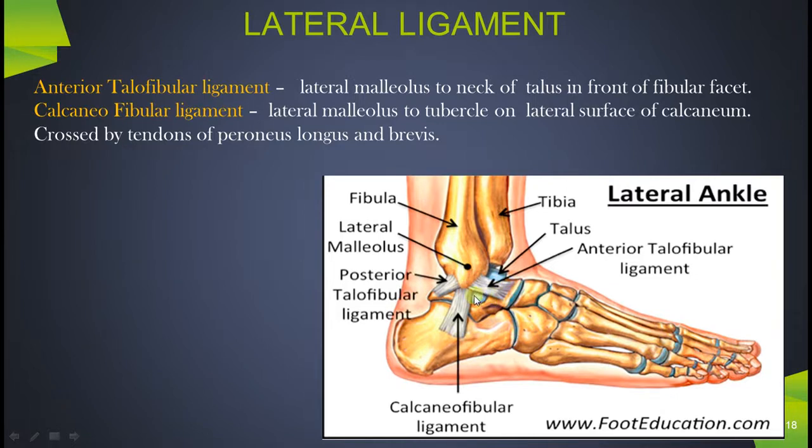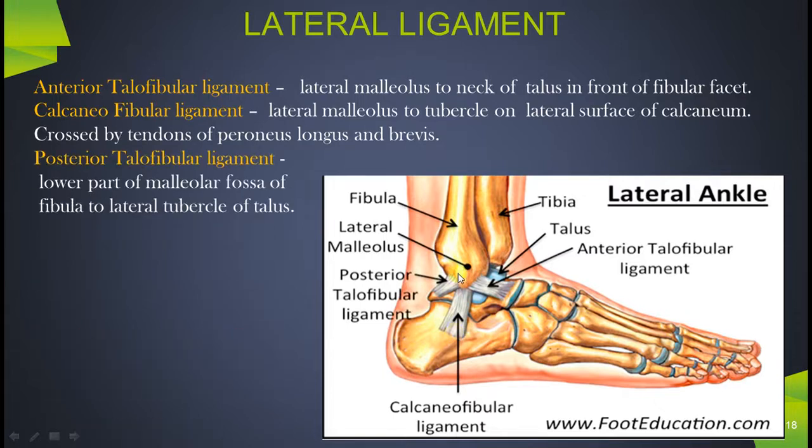Then the middle fibers, calcaneofibular, go from the lateral malleolus to the tubercle on the lateral surface of the calcaneum. Then the posterior fibers are the posterior talofibular fibers, from the lower part of the malleolar fossa to the lateral tubercle of the talus.